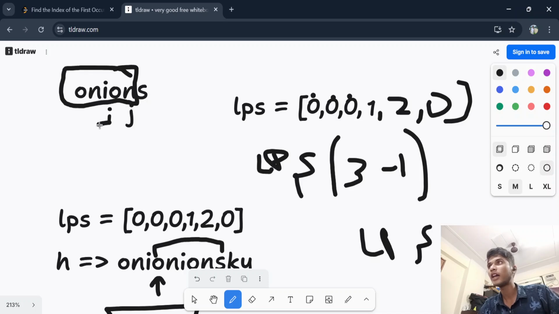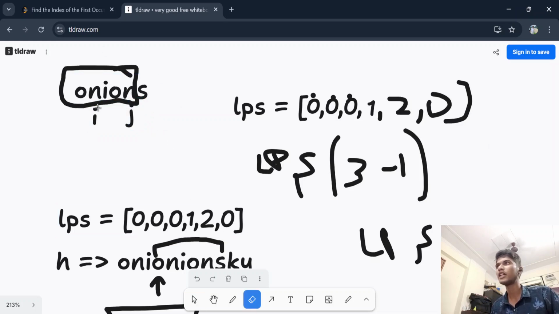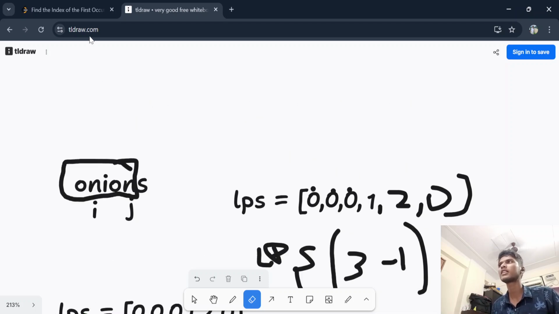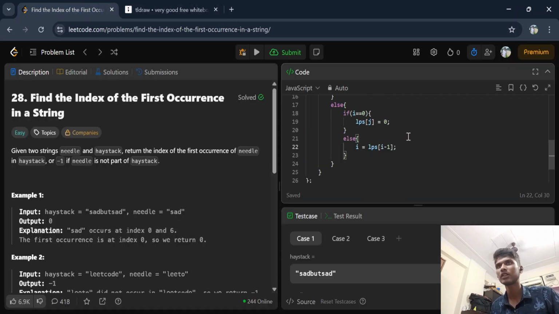This is not a right example, because i will be at n and j will also be at n. You can take another example, and you will understand more.